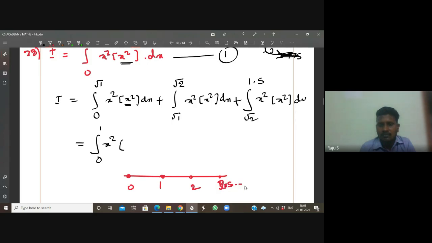Here the integral is from 0 to 1. When I put root 1 here, root 1 square is 1. For 0 to 1, what is the greatest integer value?